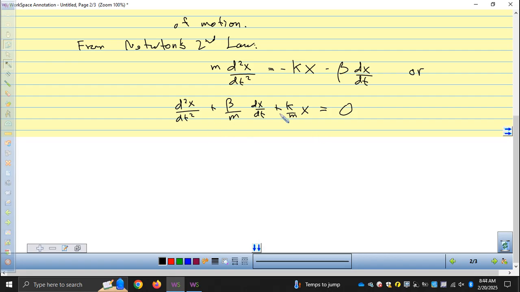And we're just going to rename these constants just to make our algebra nicer. So we get d squared x dt squared, the acceleration, plus 2 lambda dx dt plus omega squared x equals 0, where beta over m is 2 lambda and k over m is omega squared.